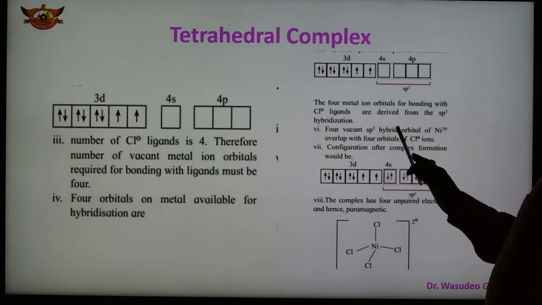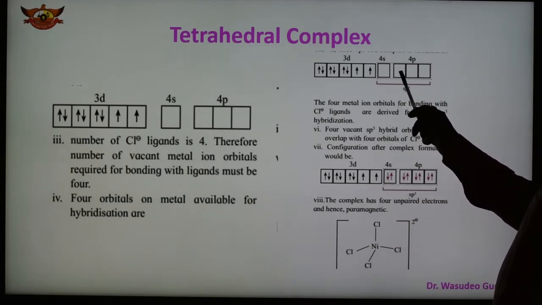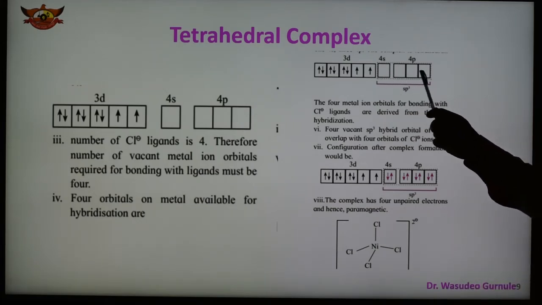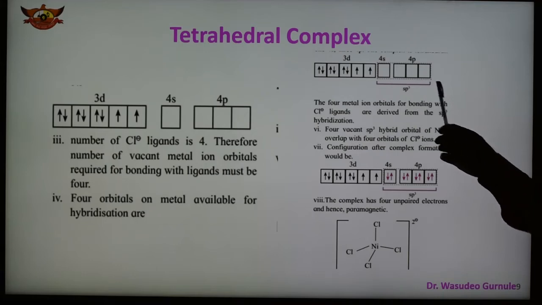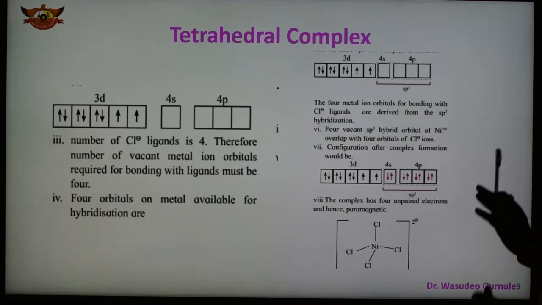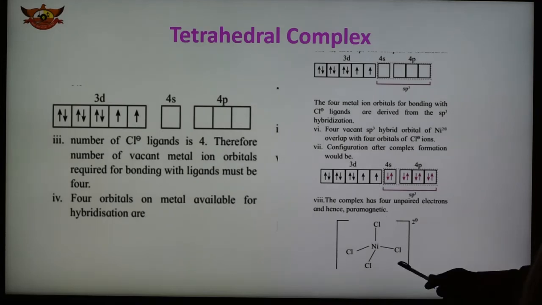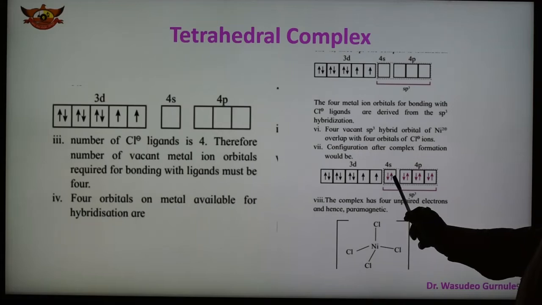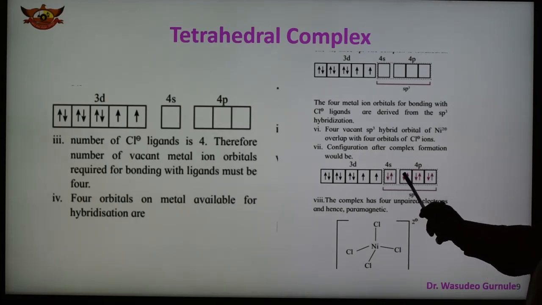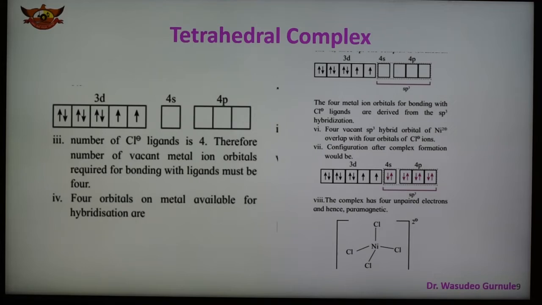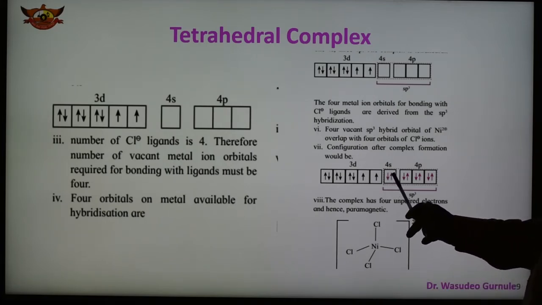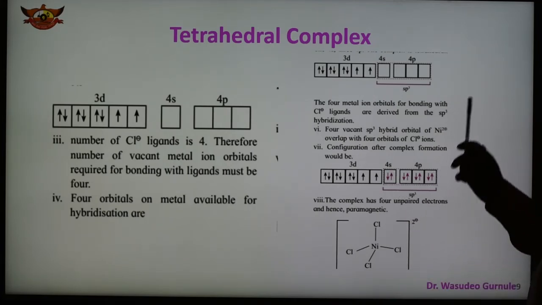Now 4 ligands are there, 4 Cl, 1, 2, 3, 4. They donate electron pairs to the vacant orbitals of the metal, forming coordinate bonds. So 1, 2, 3, 4 are the 4 coordinate bonds. The 4 electron pairs are donated by the ligands and accepted by the vacant orbitals of the metal.